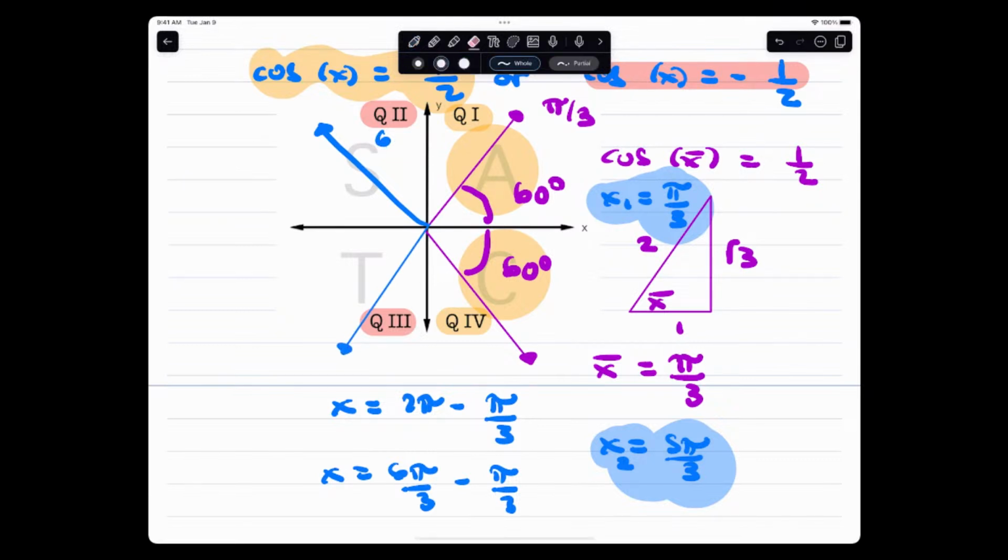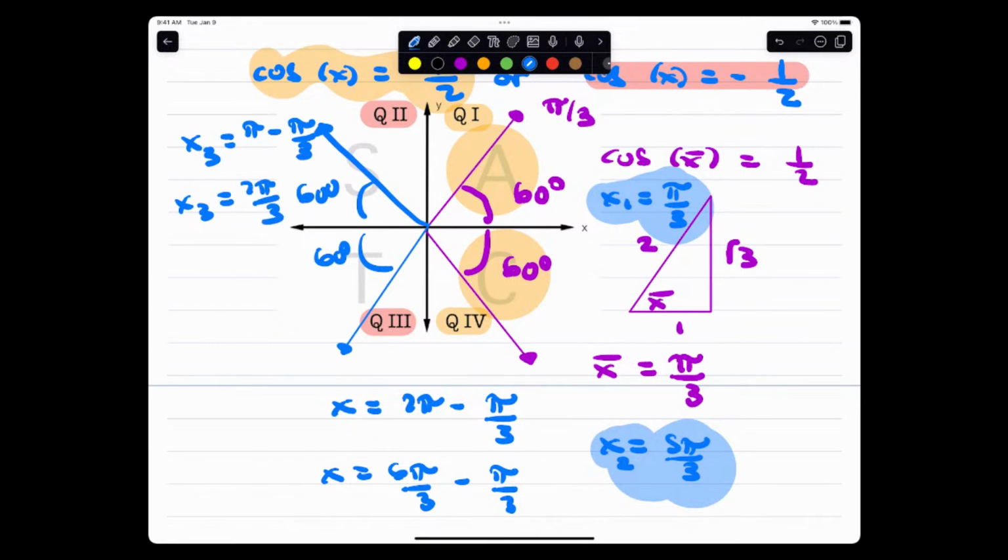And reference angle. Reference angle. So this third solution, if you want to call it that, would be pi minus your reference, and that'll give you 2 pi over 3. Is that true? So this is solving a trig equation.